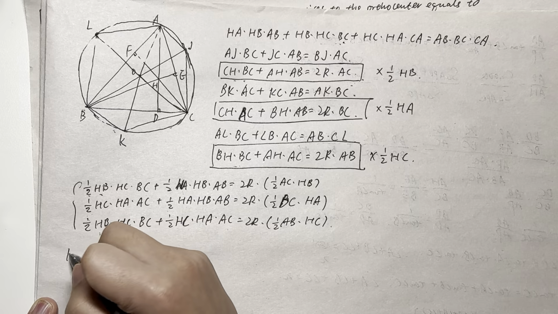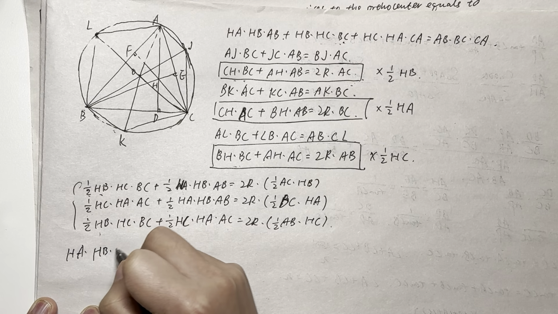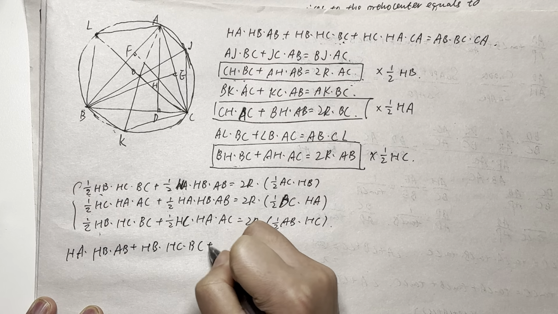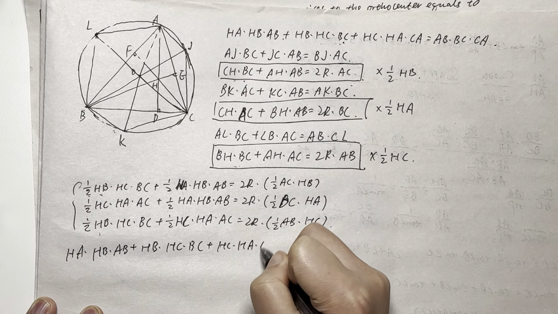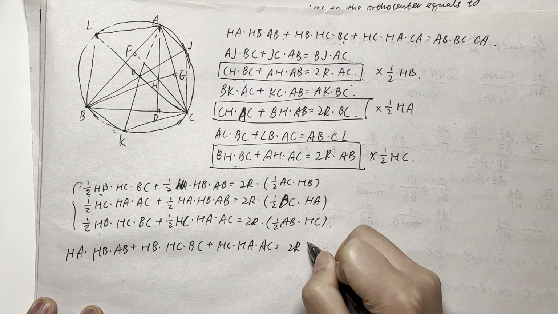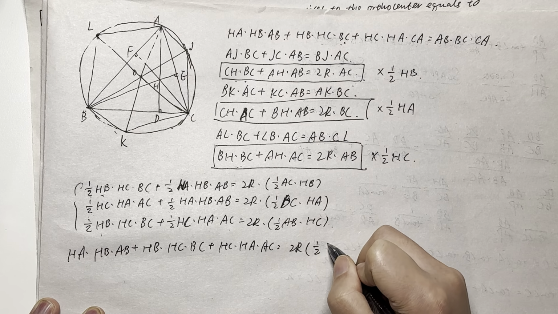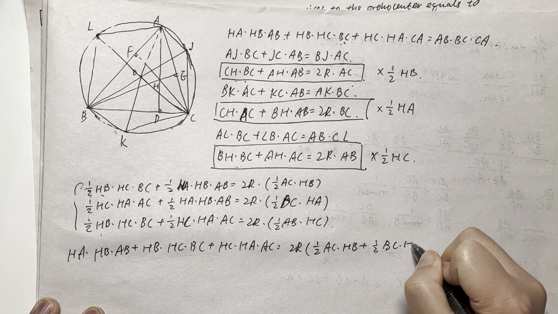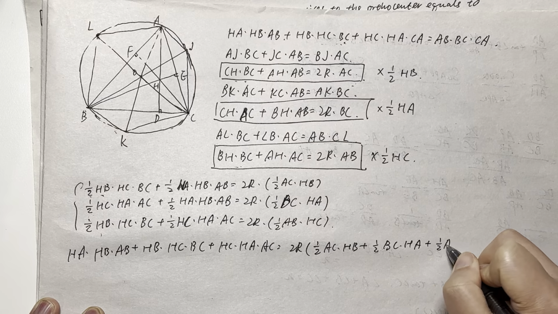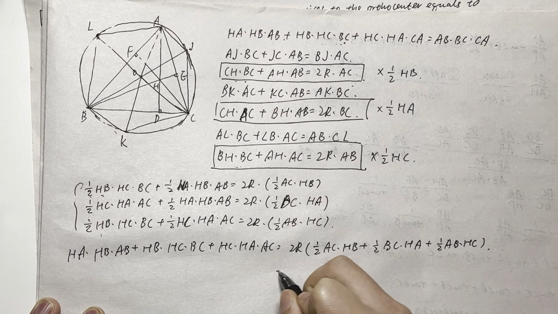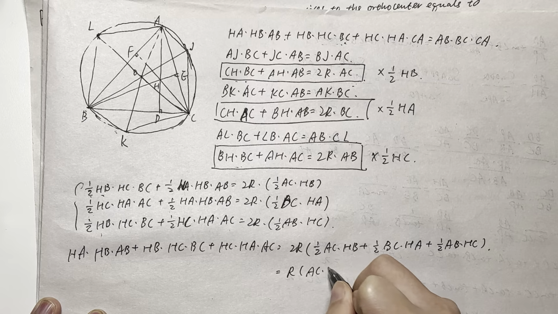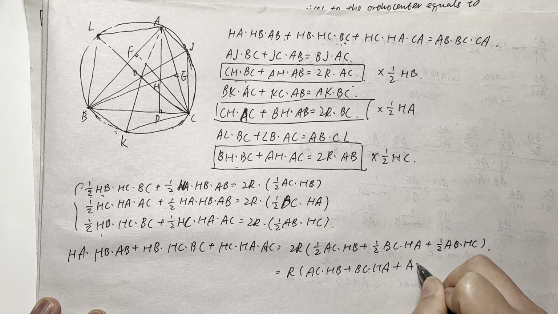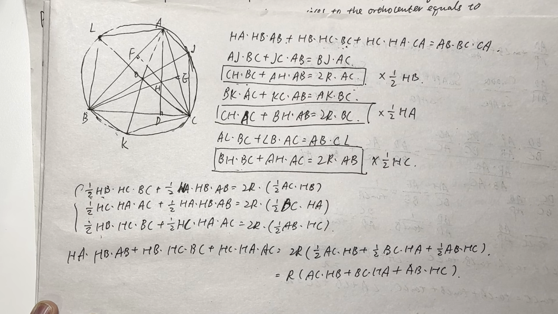So then we get HA times HB times AB plus HB times HC times BC plus HC times HA times AC equals 2R times half of AC HB plus half of BC HA plus half of AB HC, or it equals R times AC times HB plus BC times HA plus AB times HC, right?